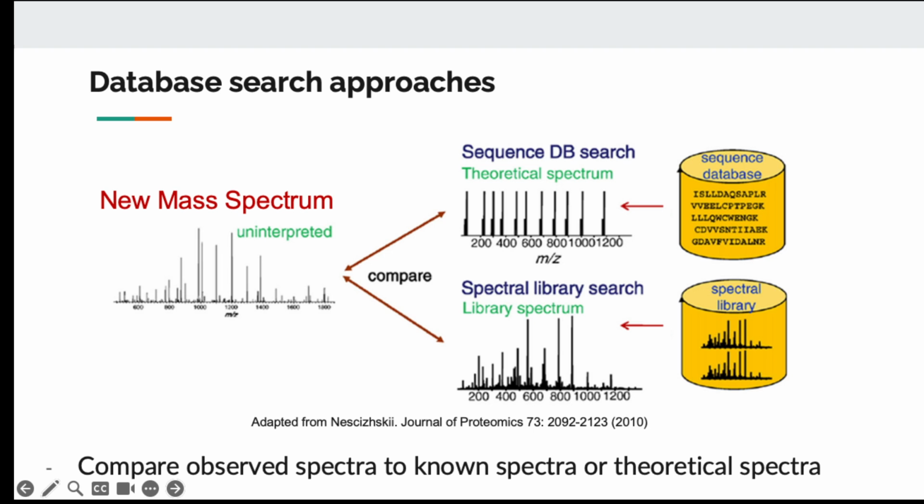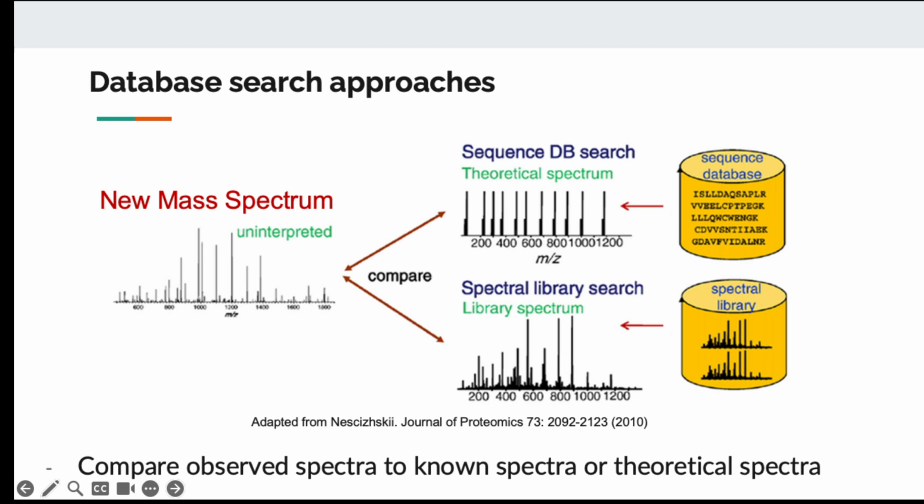So we have a new spectrum where we don't know what the answer is. If we know that these peptides or proteins, let's say, come from human or from mouse, because we have a good understanding of DNA, RNA, and protein in human and mouse, we can generate the universe of possible amino acid sequences that we would see if we study human or mouse.